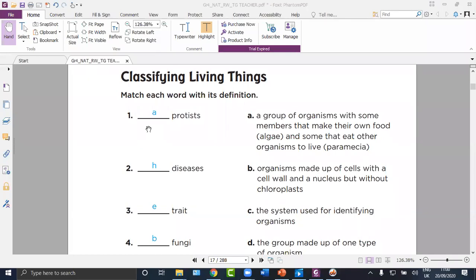A group of organisms with some members that make their own food, algae, and some that eat other organisms to live, paramecia. Thank you.